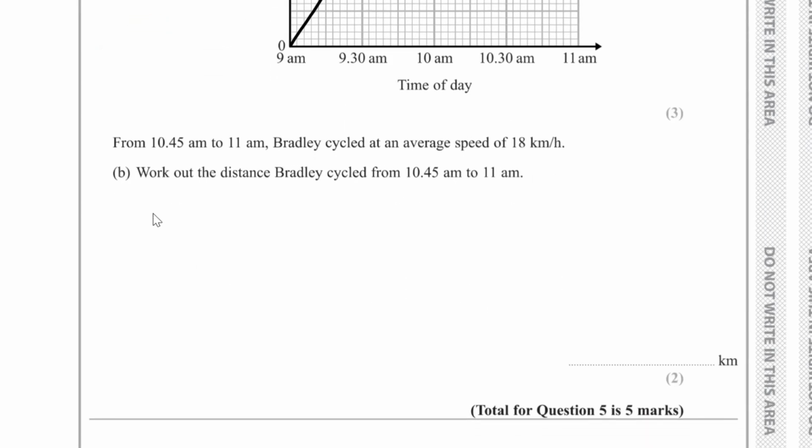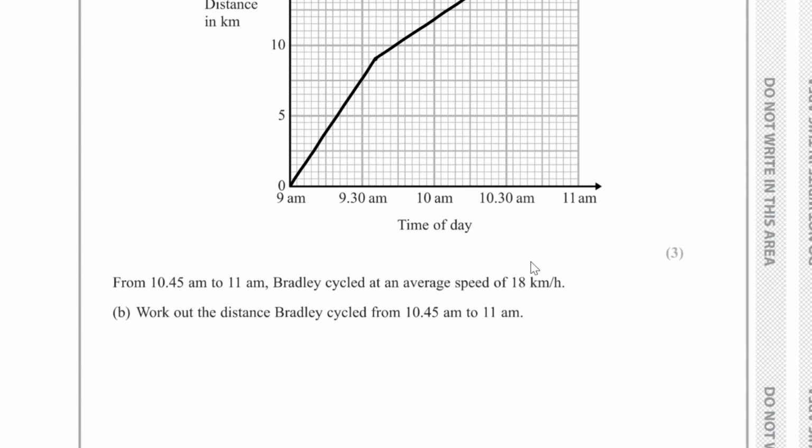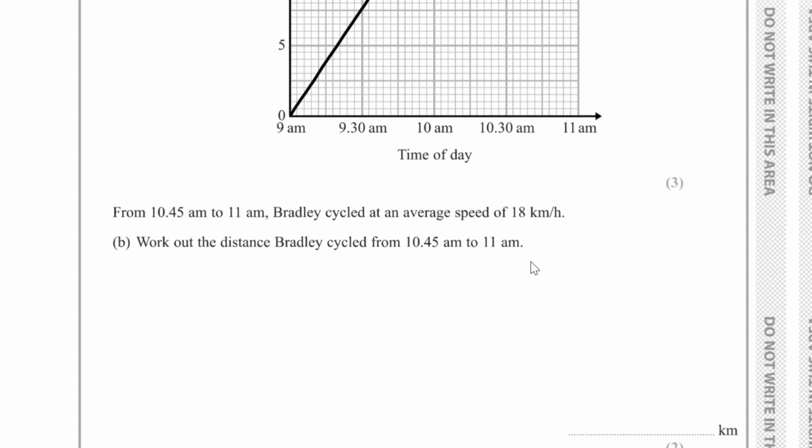Now for part B, from 10:45 to 11 a.m., Bradley cycled at an average speed of 18 kilometers per hour. We have to work out the distance Bradley cycled from 10:45 to 11 a.m. Well, here the distance is equal to the speed.